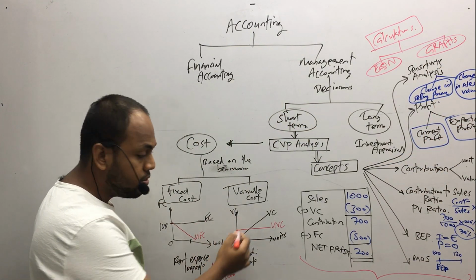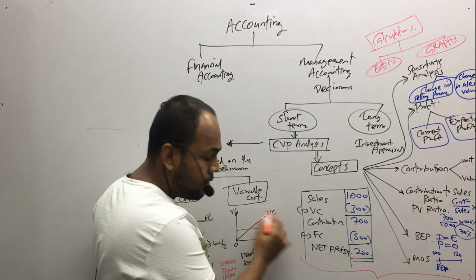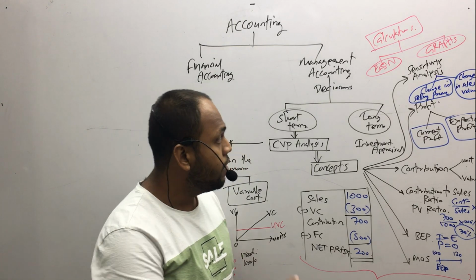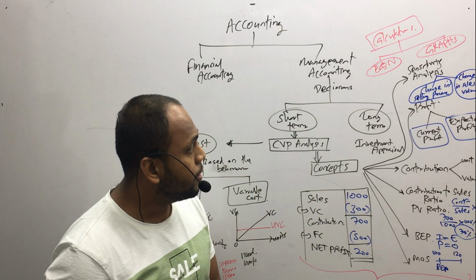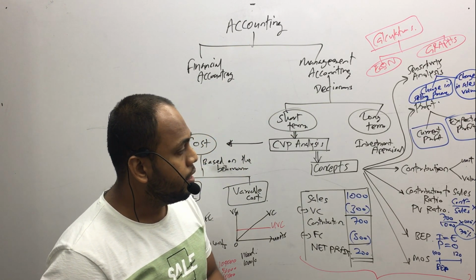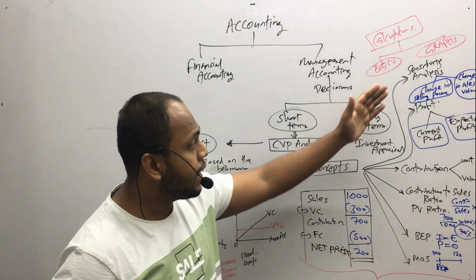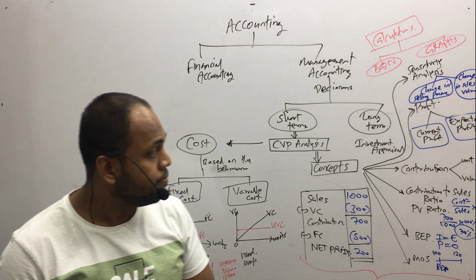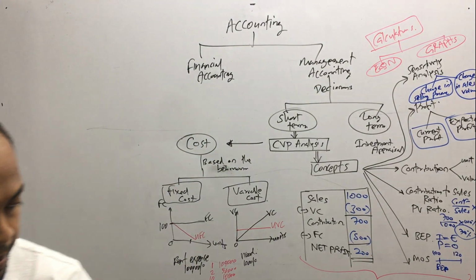You draw the fixed cost, you draw the variable cost, then you draw the contribution, the net profit. Likewise, we can draw the graph and calculate whatever the requirement. So can you all draw this?